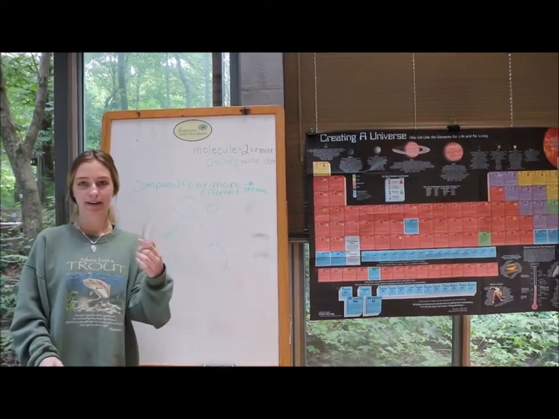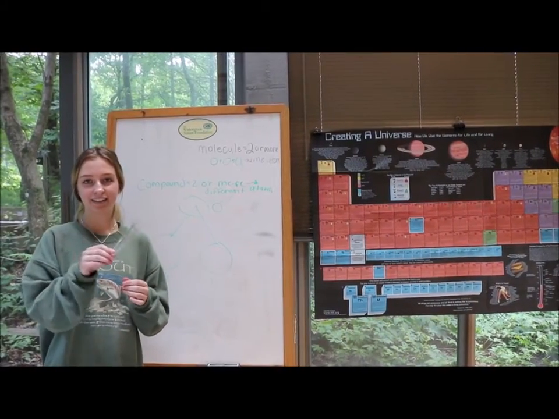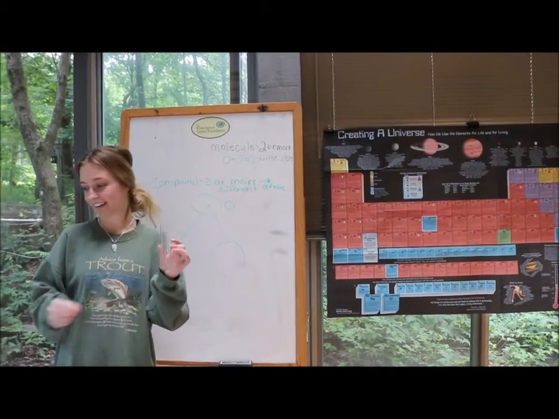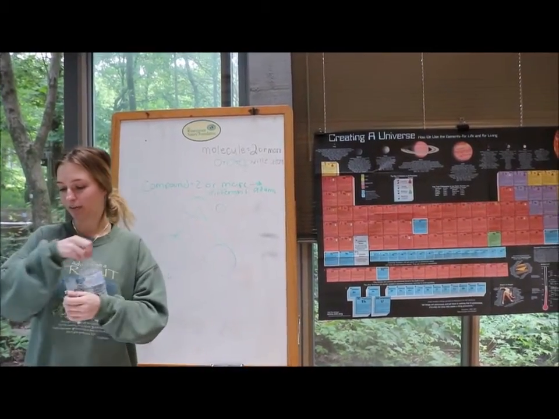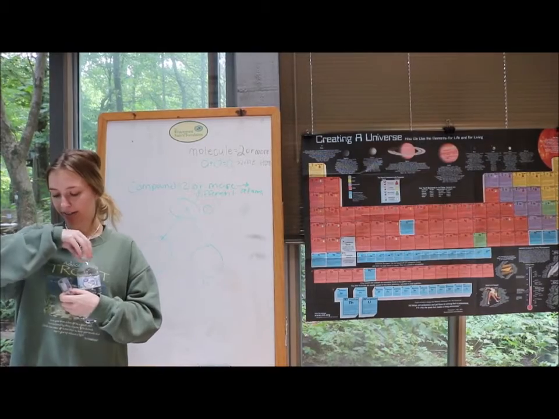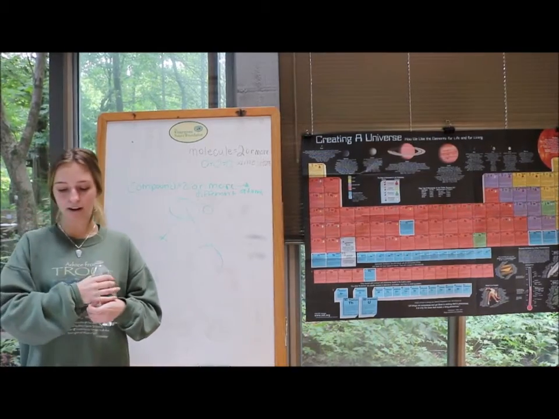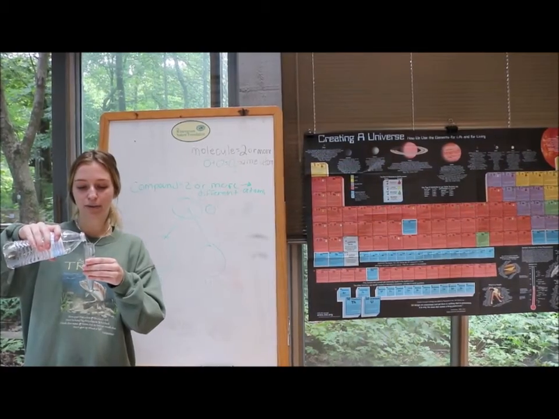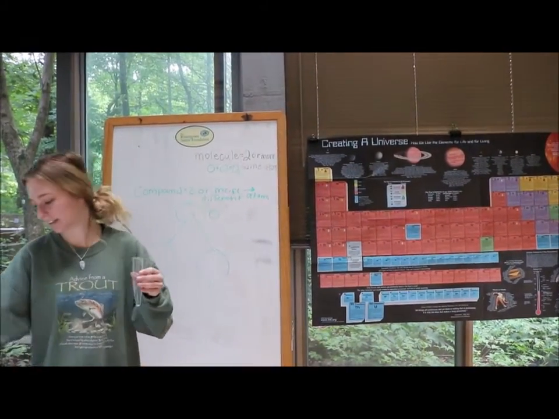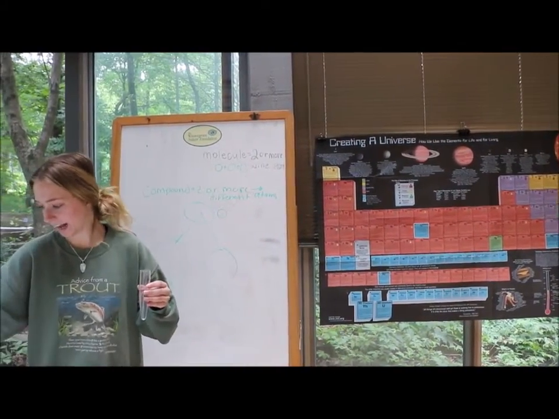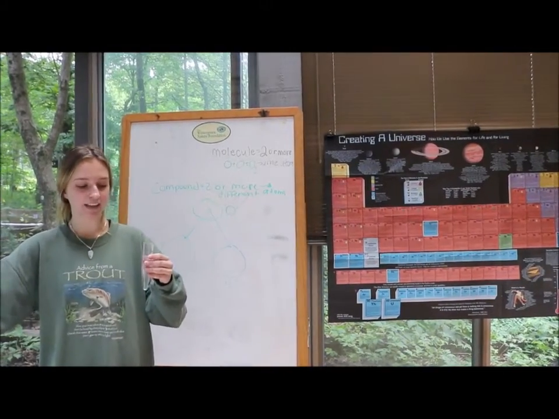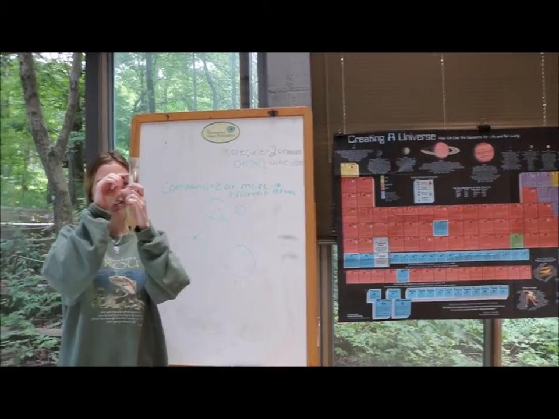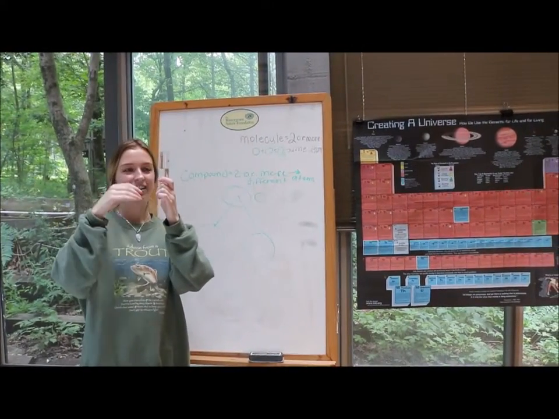Looking at this beaker, is there anything in it? Well, there's actually air in it. So, what happens if I pour water into it? If I pour water into this beaker, the water will push out the air, so it is displacing the air in the beaker as I pour the water into it. And when you're measuring, you should always look at the meniscus, which is where it dips in the water.